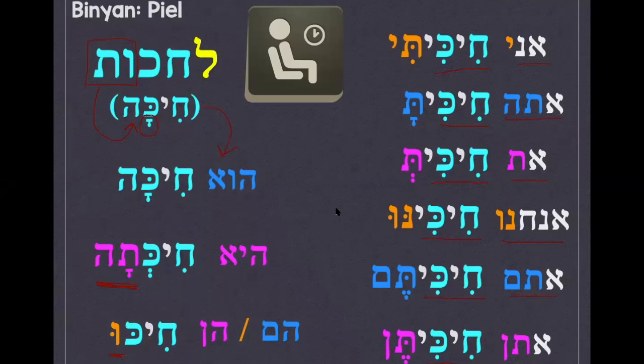And then for our pronouns on the left side, hu chika, he chikta, so that tav is necessary in order to differentiate between hu and hi, and then hem hen chiku. And again, notice that in all of the conjugations except for hu, which is he, that final hey that's in our shoresh, in our root, does not appear in any of the other conjugations.